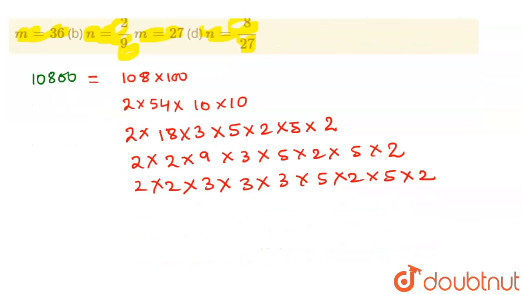Now you count the number of times 2, 3, and 5 are occurring. 2 is occurring 4 times, so 2 to the power 4. Then 3 is occurring 3 times, so 3 to the power 3. Then 5 is occurring 2 times, so 5 to the power 2. So that is what the factors of 10800 are.